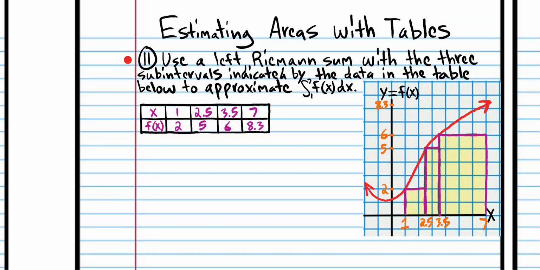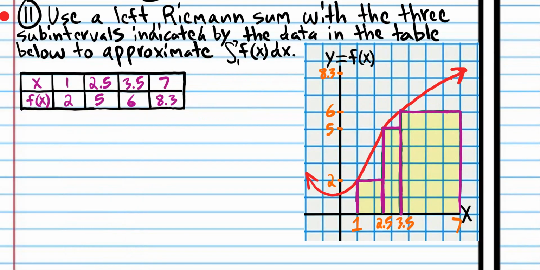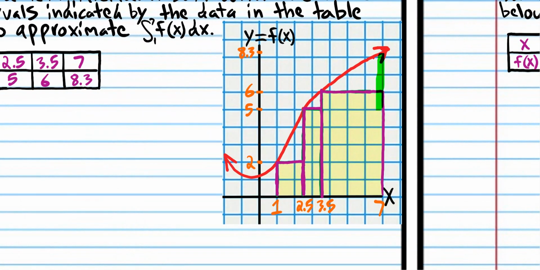In previous problems in this course, we used Riemann sums to estimate the area between the graph of a function and the x-axis. So we're going to estimate this area, for example, in this particular problem.